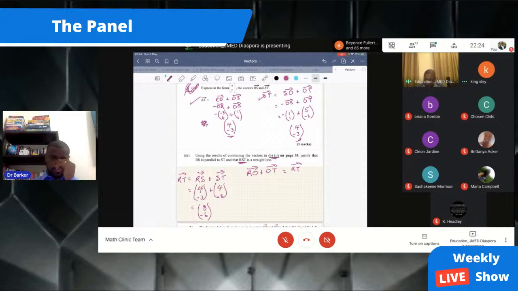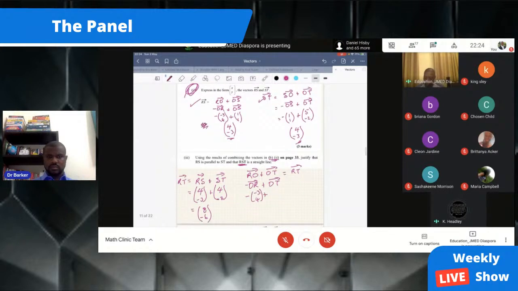RO is a negative of OR. Negative OR, and then we've got OT. What is negative OR? It's a negative of -3, 4. And OT is negative 5, -2.